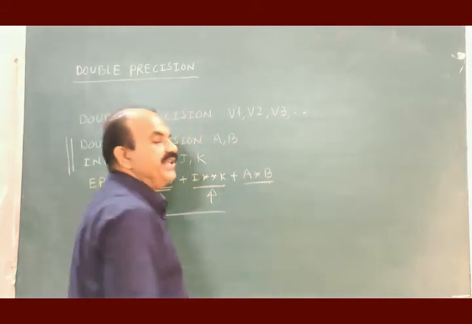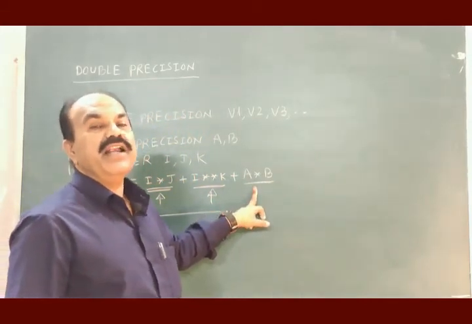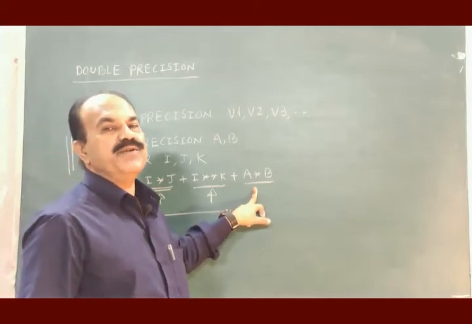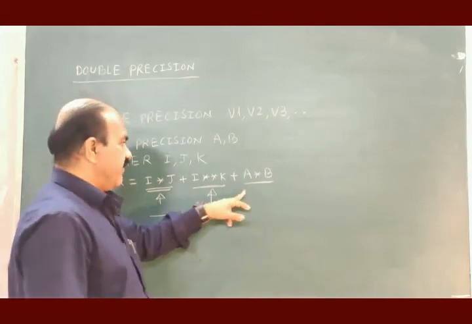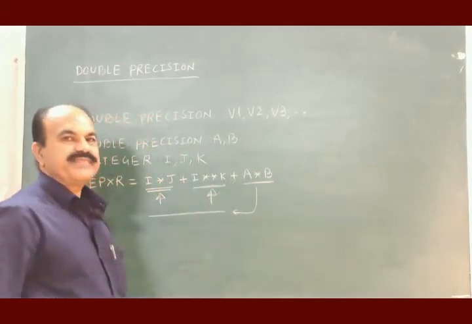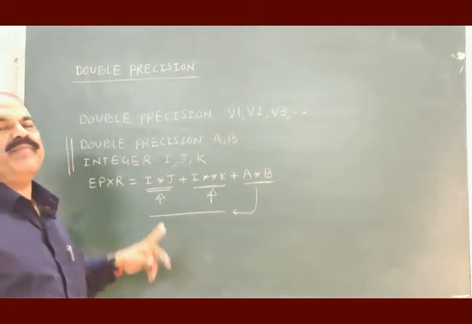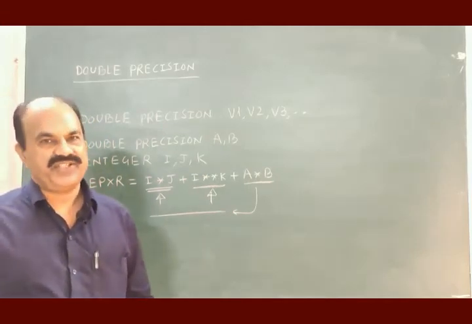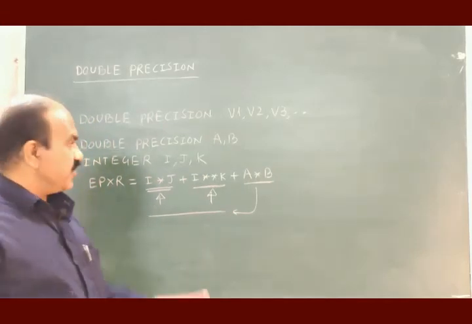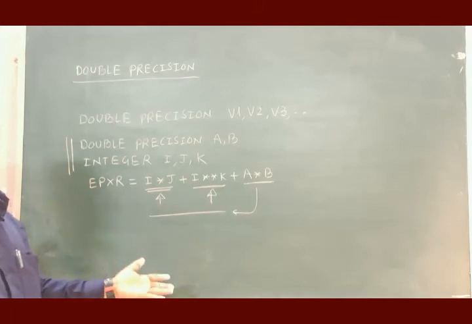When A into B is worked out, it will be a double precision product. And when this is added with this, the result EXPR will be double precision. So this is the way of performing double precision arithmetic.